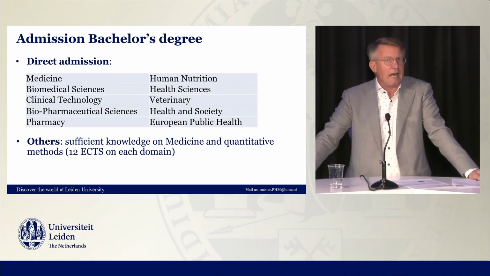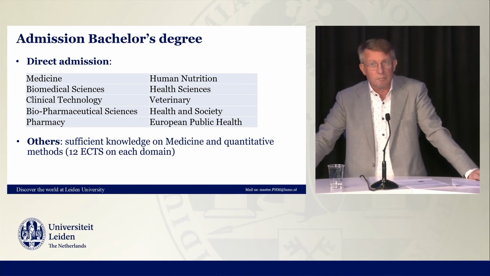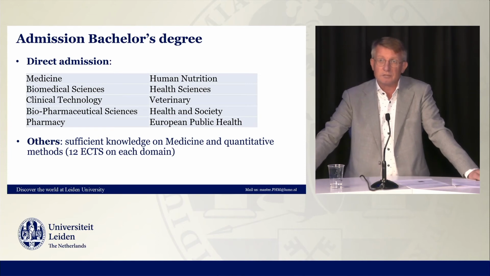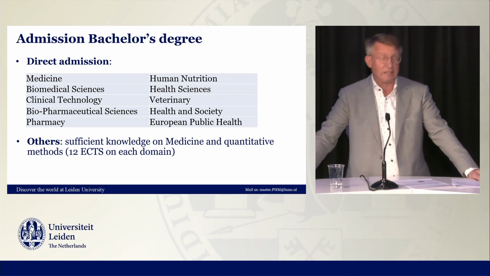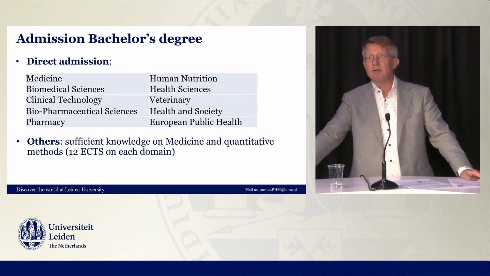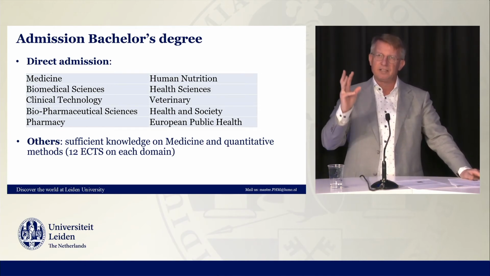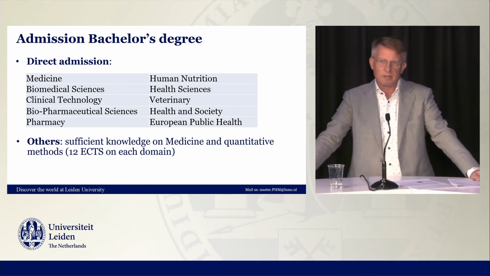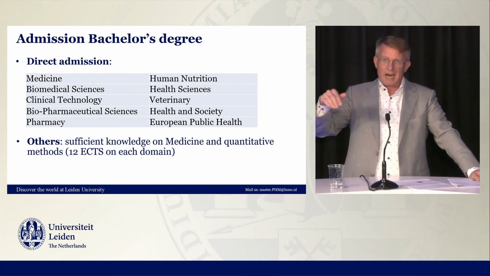Direct admission is for people who study medicine, biomedical sciences, clinical technology, biopharmaceutical sciences, pharmacy, human nutrition, health sciences, veterinary, health and society, European public health and stuff like that. So a little bit in the healthcare and medical domain. That's where we would like people coming from with direct admission.